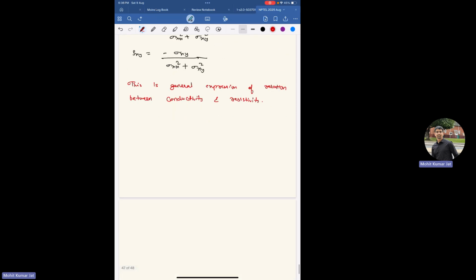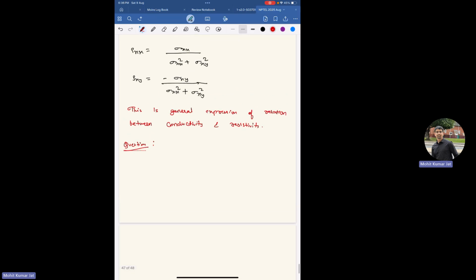Now moving on to the next question, which I propose: show that in the case of the quantum Hall effect, what will be the value of rho xx and what will be the value of rho xy.